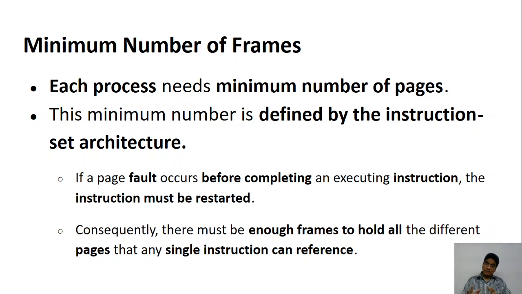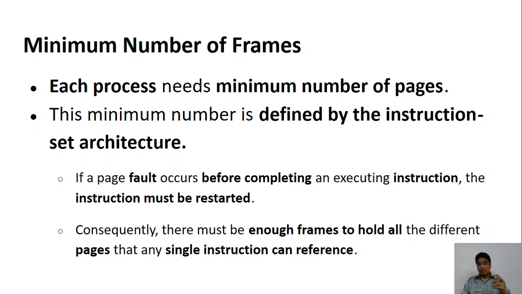Before that instruction is completed, maybe you are adding two numbers, or adding a number into the accumulator, or doing a comparison or anything. Now let's say that two operands are required for adding two numbers. You know very well, to add you require two operands. So add is a binary operator.